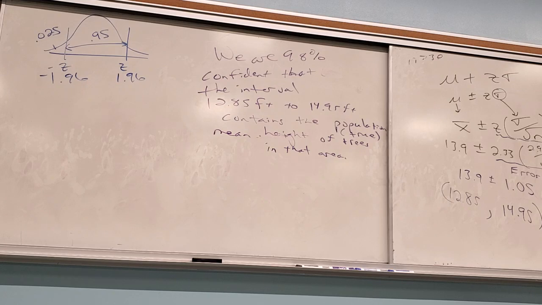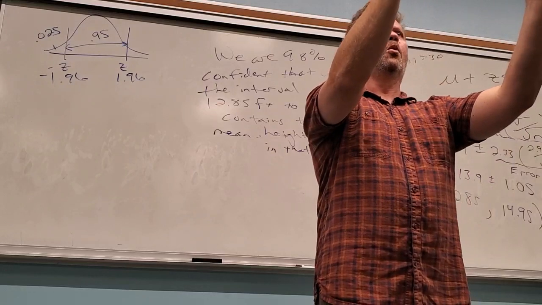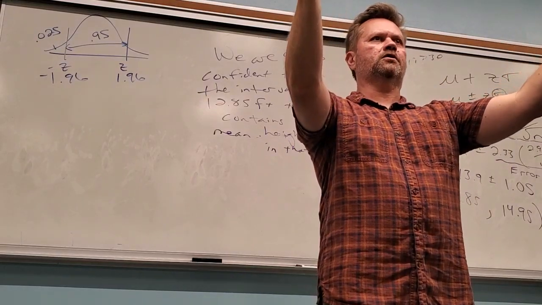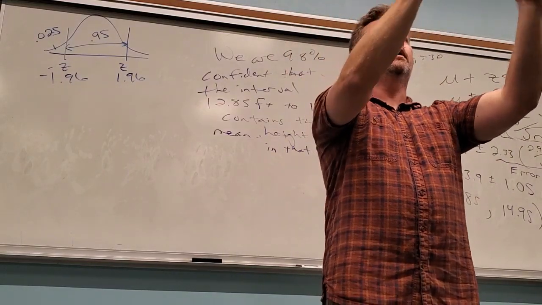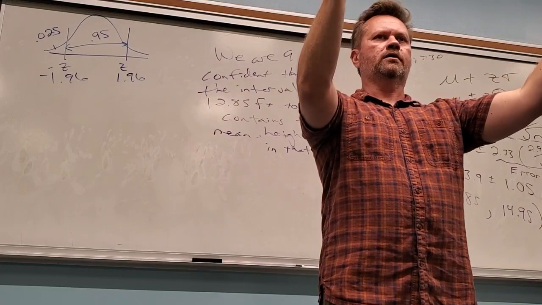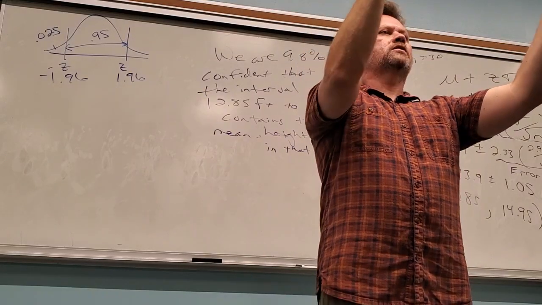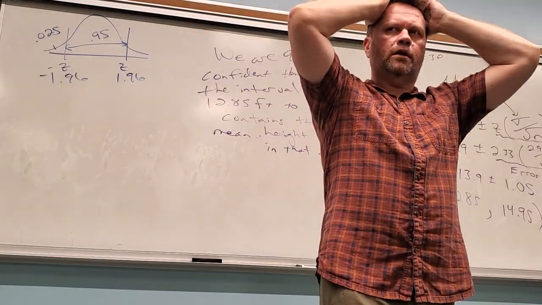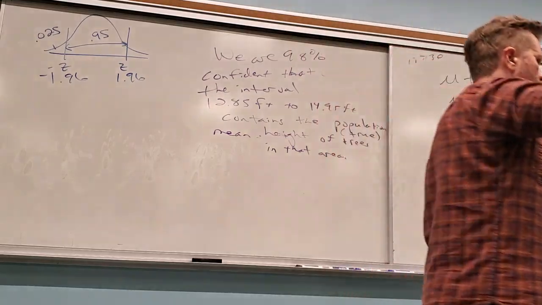If you want to catch a certain type of fish, you're going to cast a wider net. Does that make any sense? Because then you can just kind of weed out, there's a fish I want. So that's exactly what's happening here. If I want to be more certain that I caught a certain data point, in this case the mean, I'm going to make my net a little wider. If I can be less certain, I'm going to make it a little skinnier. Okay. I like it.